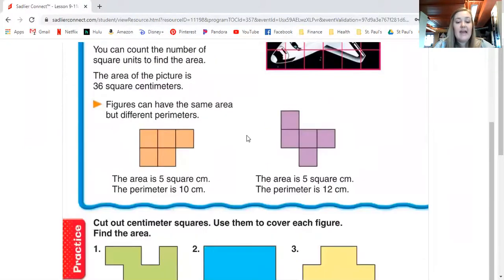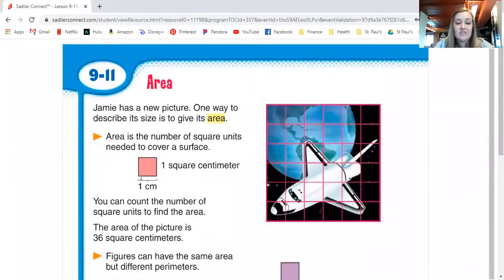I'm looking at how many centimeter squares it took. Sometimes we can figure that out by doing length times width. So here, I'd go 1, 2, 3, 4, 5, 6 times 6, which gives me 36 square centimeters. So the area is how much is inside to cover a surface.